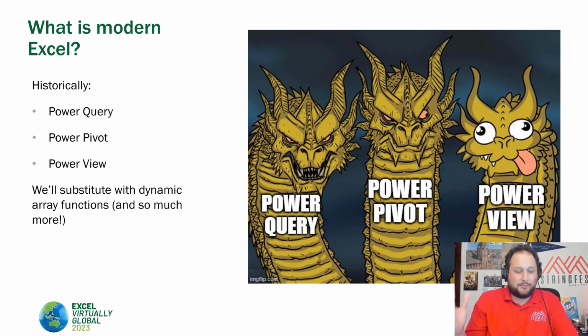I think Power BI kind of took over what a lot of Power View did. So we're going to substitute Power View with dynamic array functions. There's also so much more that has happened in the last 10 years to modernize Excel, from Python to AI to Lambda functions. We're really just scratching the surface today.